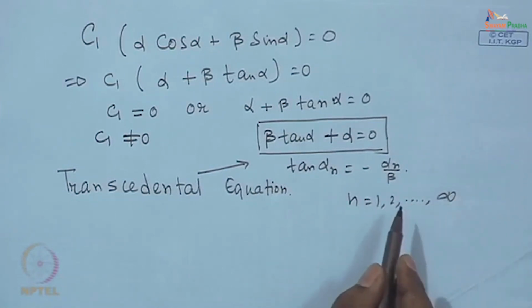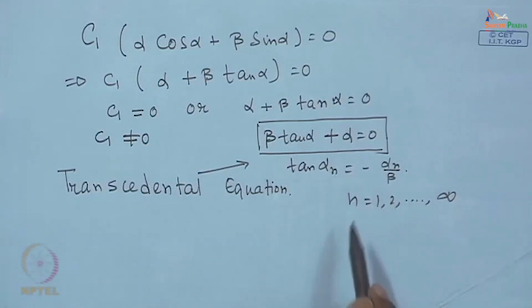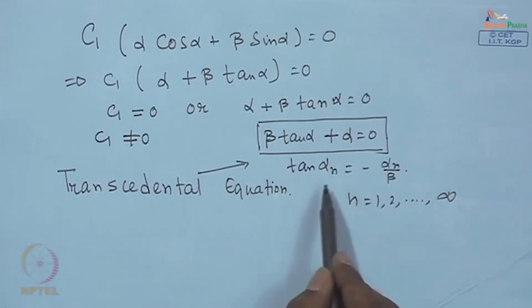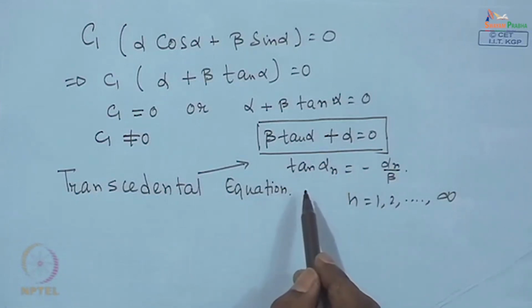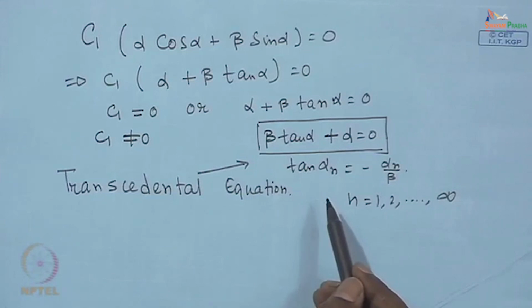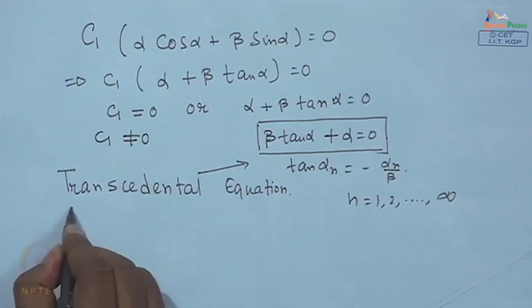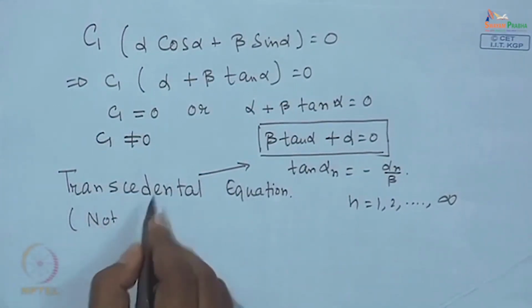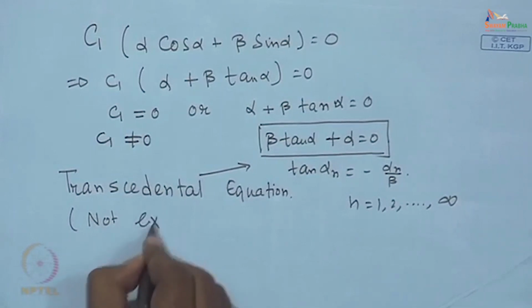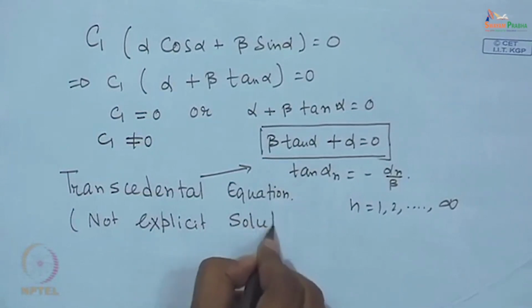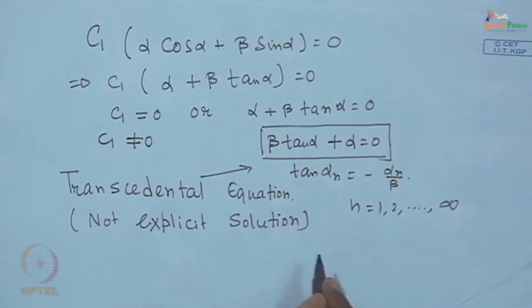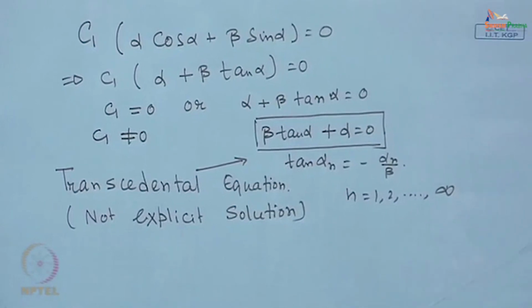And since we are not getting an explicit solution of alpha n from this equation, unlike the previous two cases, this equation has to be solved numerically. This is known as a transcendental equation, it is not an explicit equation, it is an implicit equation. So, we have to solve this equation numerically, using an iterative scheme.